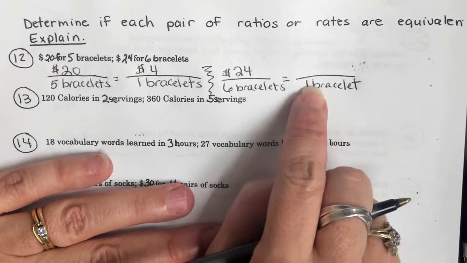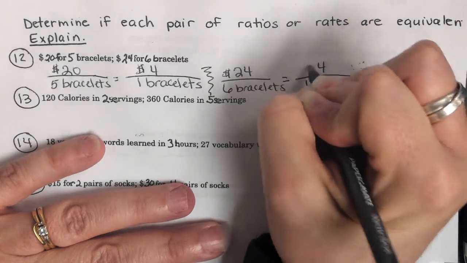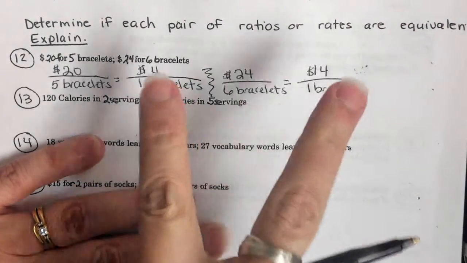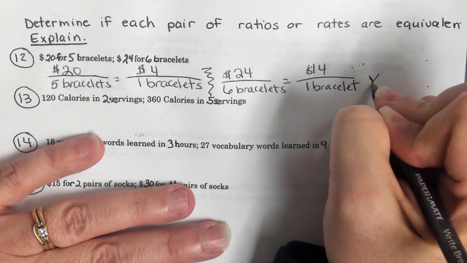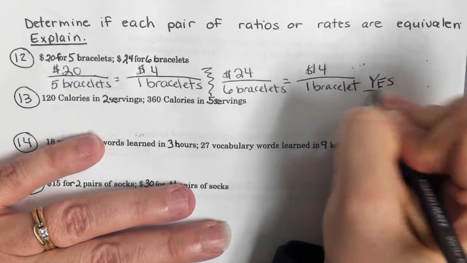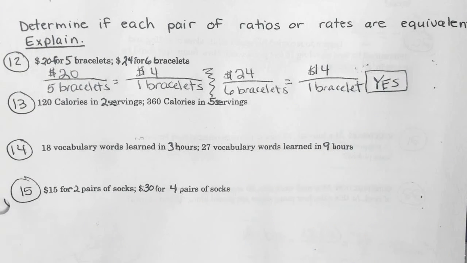So at the next store, how much is it per bracelet? $4 also. Okay, this is the math that proves why we can say that yes, they are equivalent. Listen, tomorrow, I'm probably going to collect this from you guys and really look at it. Because I feel like this is stuff that we should be able to do.